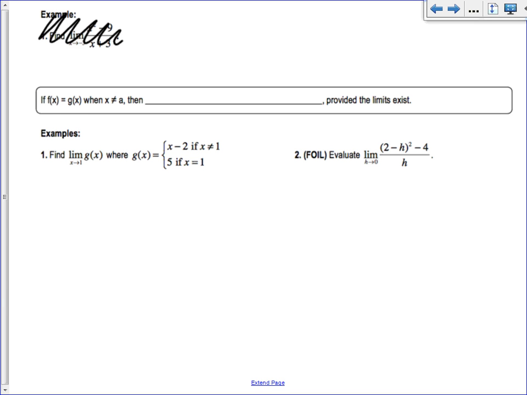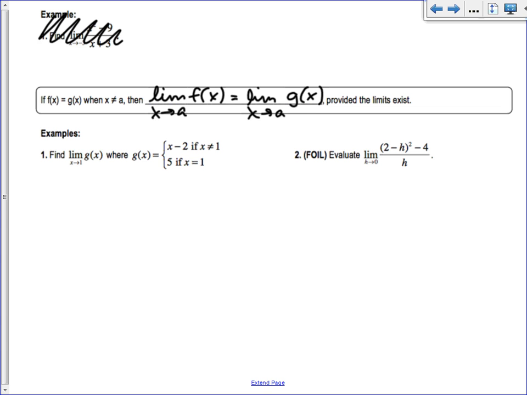All right, so it says if f of x is g of x when x is not equal to a, then the limit as x approaches a of f of x equals the limit as x approaches a of g of x, provided the limit exists. So it's saying f of x is the same as g of x everywhere except at a.